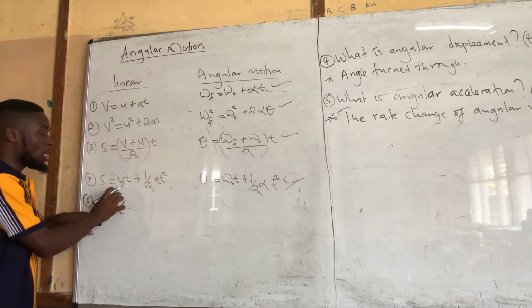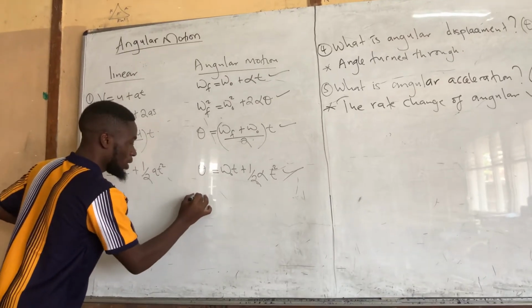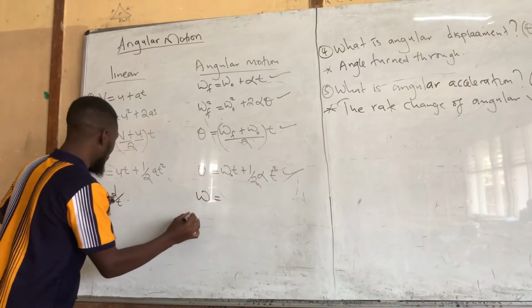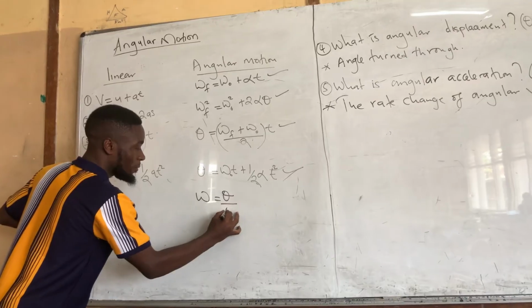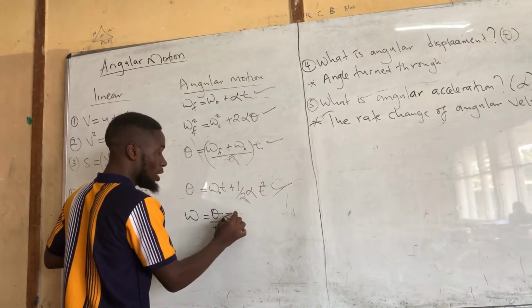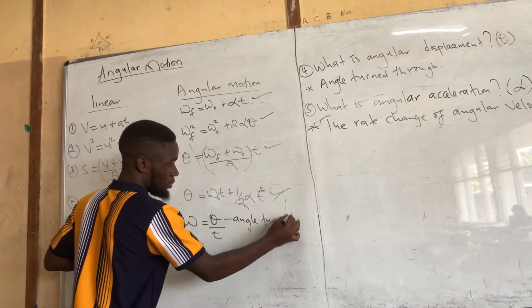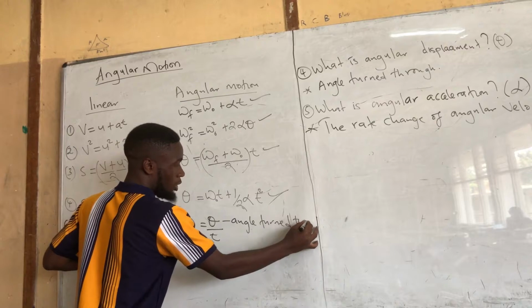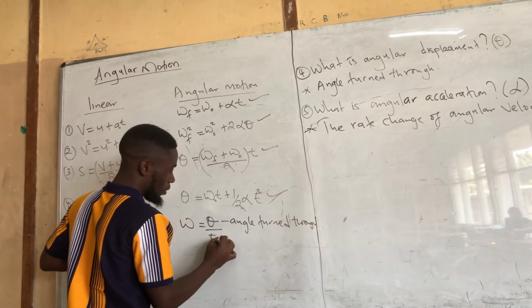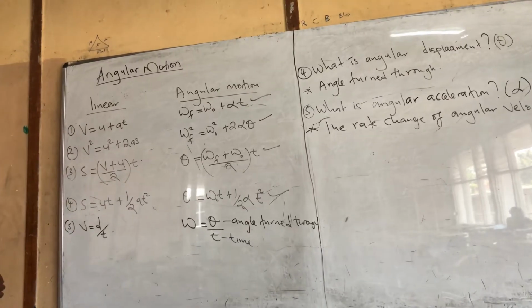But in this case, the distance is the displacement. So omega equals theta over time, or angle turned through over time. Okay, let's add other equations here.